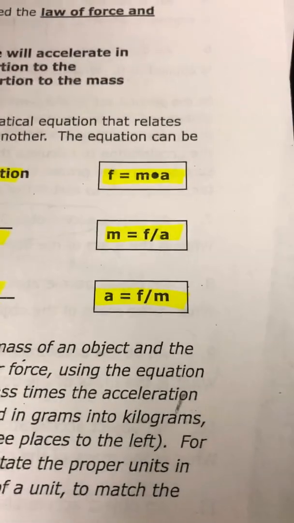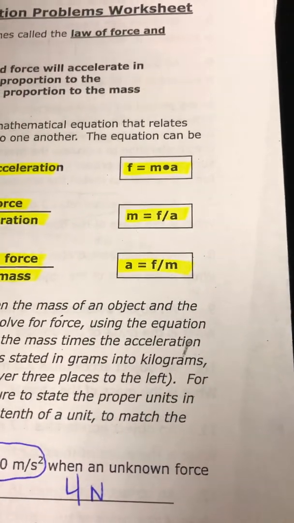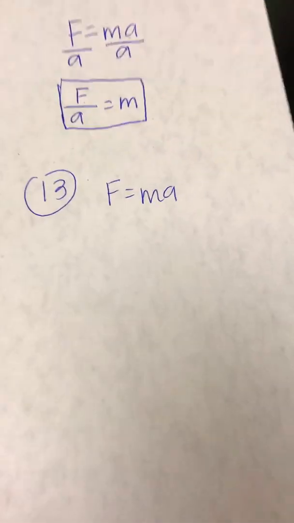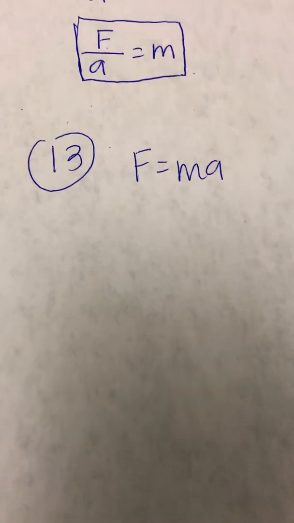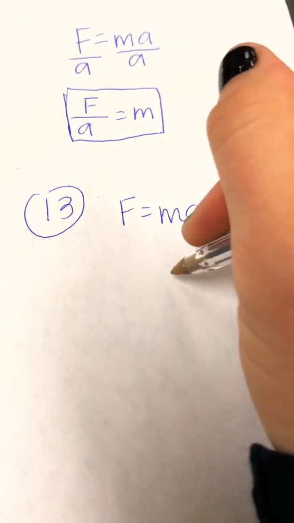So again, this is number 13. I'm going to write force equals mass times acceleration, or you could just substitute into the formula that was on the front page. I'm going to do the same thing and isolate the a this time, which means I have to divide by mass. But if you just want to use force equals ma and then plug it in and then isolate your variable, that's fine. So according to question 13, my mass was 2 kilograms.